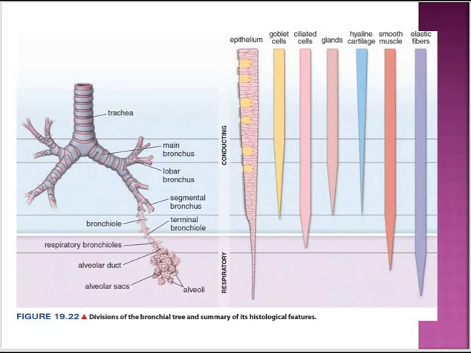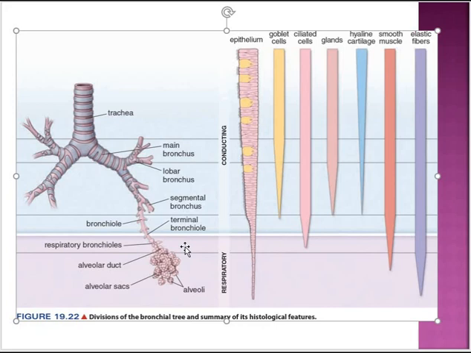Then the amount of elastic tissue and smooth muscle relative to the thickness of its wall will increase, as here we can see elastic fibers and smooth muscles we will find in the wall of the respiratory portion also.